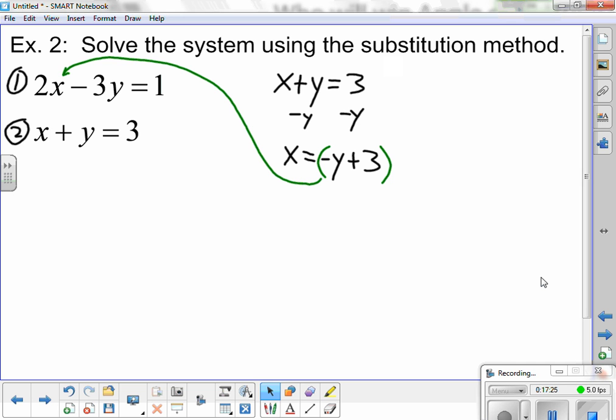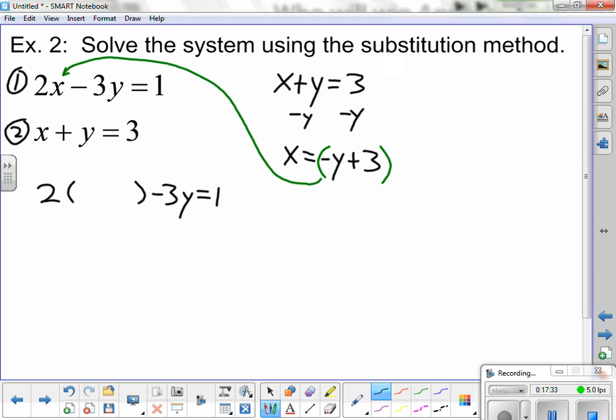All right, so here we go. I'm going to take it, plug it in. So it'll say 2 times, plugging in for my x, minus 3y equals 1. Now the stuff that I'm plugging in for x is the negative y plus 3 that I just found out. Now if you notice, we only have one variable, so you can solve for that. First off, just distribute.